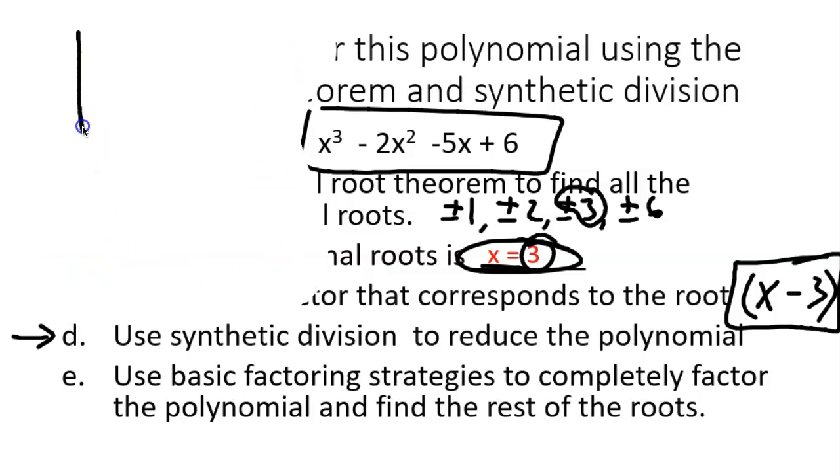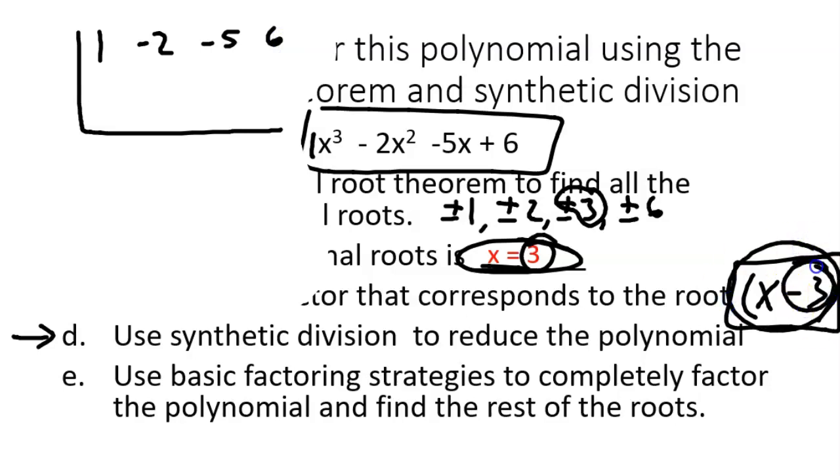Okay, with synthetic division, we draw our little chart. We take our coefficients from our original polynomial, put them there. And I want to divide this polynomial by this factor. So I'm going to take this root here, x minus 3, but we would put the opposite there, so it's a plus 3. And then we bring it down.